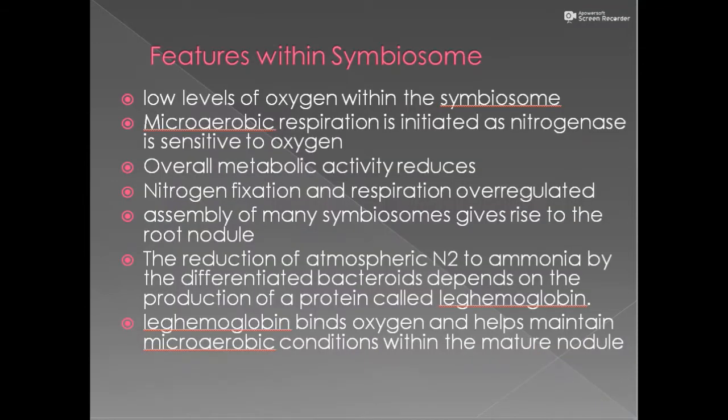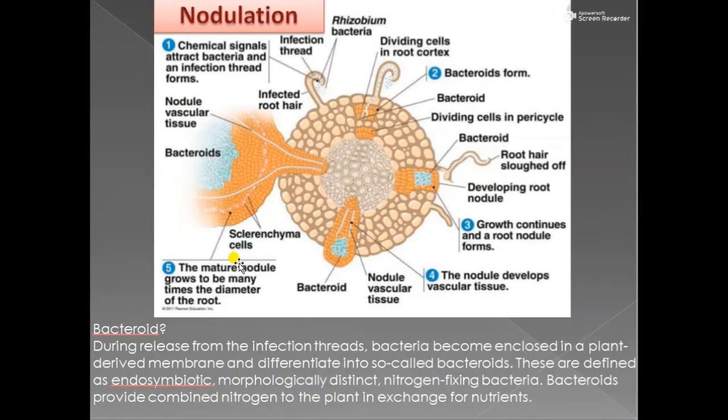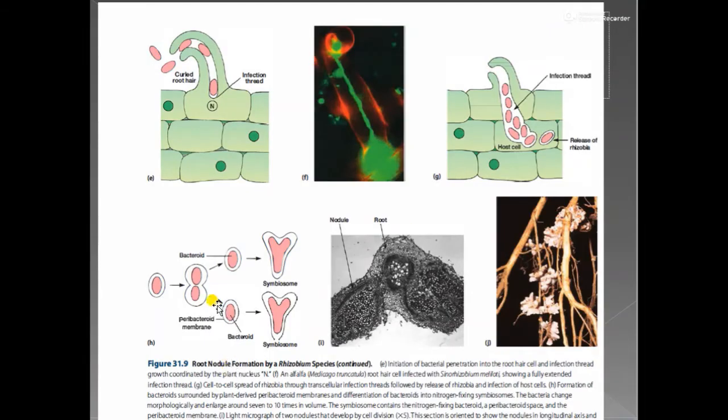So, what are the features of these symbiosomes? Once these bacteroids come into symbiosis with a plant, it is referred to as a symbiosome. You can look at this picture. The bacteroid will further differentiate into the symbiosome in a leguminous plant.